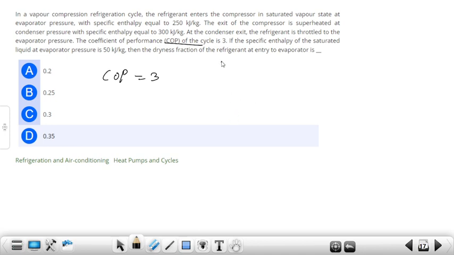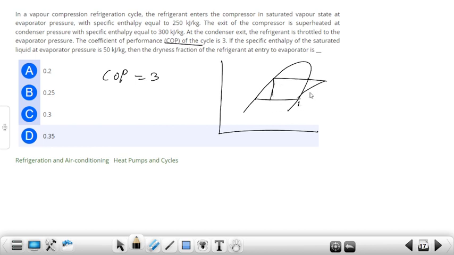Let us draw the p-h diagram. This is the vapor compression cycle p-h diagram. This is 1, 2, 3, 4.